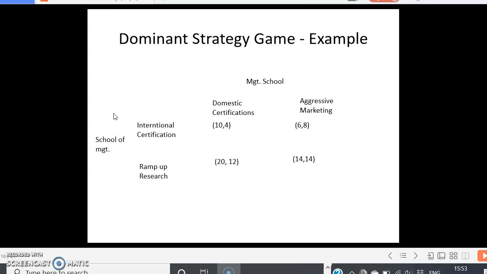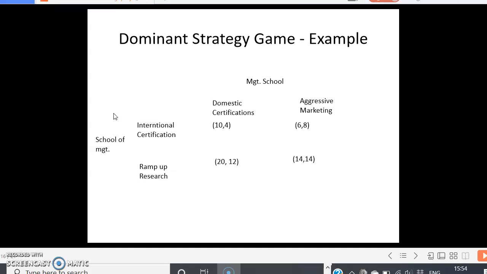Well, in that case, there are two choices in front of School of Management. Clearly, ramping up of research gives it a higher payoff. So, ramping up of research is the dominant strategy for School of Management. Now, before we look at it from the point of view of Management School, let us look at the other strategy for Management School.